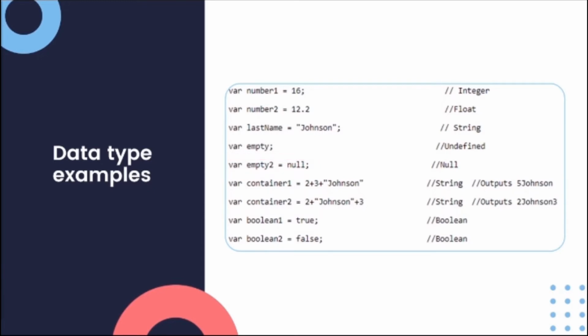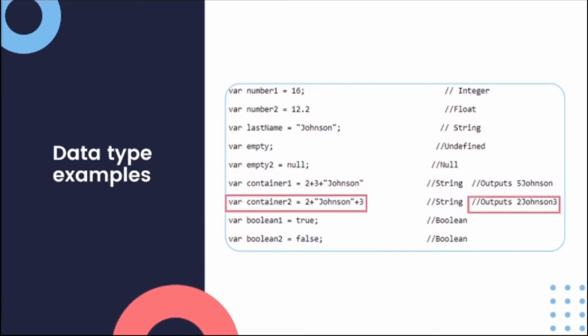Okay, then we have container1, which is 2 plus 3 plus Johnson. Okay, so what's happening here? What is essentially occurring is that in our output, we are first adding the number 2 and then 3, and then we are adding the string Johnson. So ultimately this is going to be a string, but the computation will perform the arithmetic operation. Okay, and then we have container2, which is slightly different.